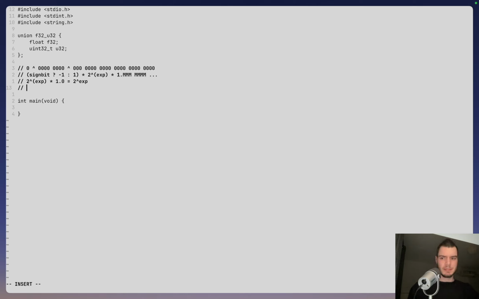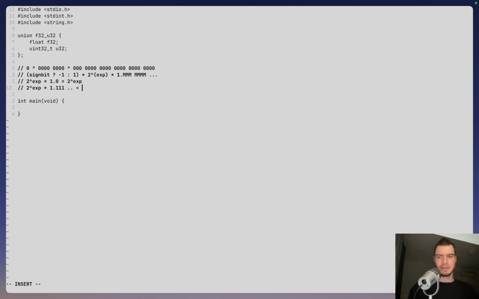If our mantissa bits are all 0, then we have a value that is very close, but not quite 2. We have 1 point and then 23 1 bits, and that's going to be slightly less.